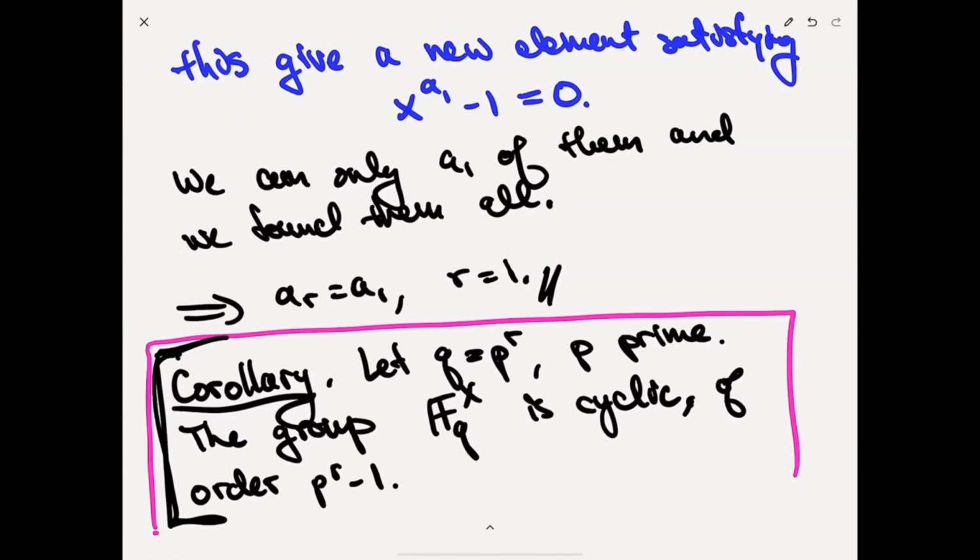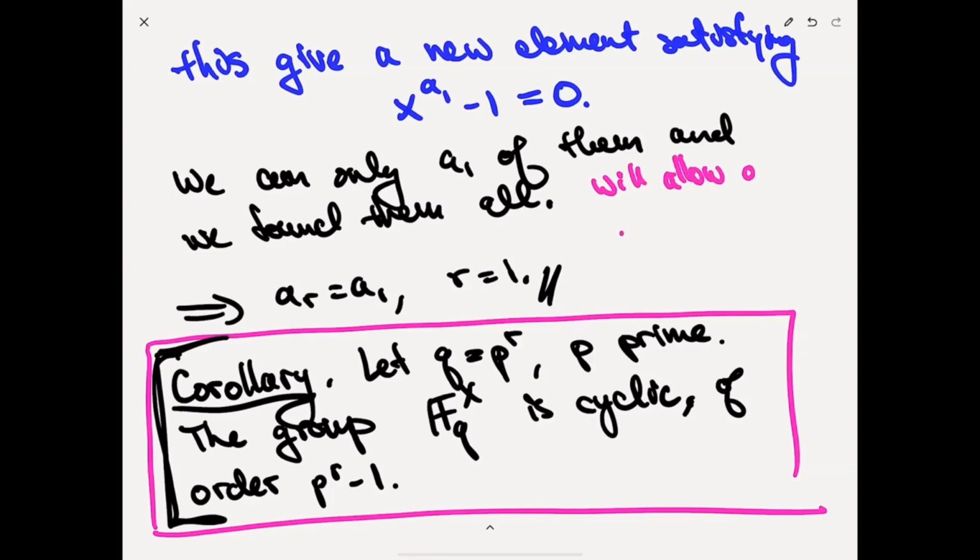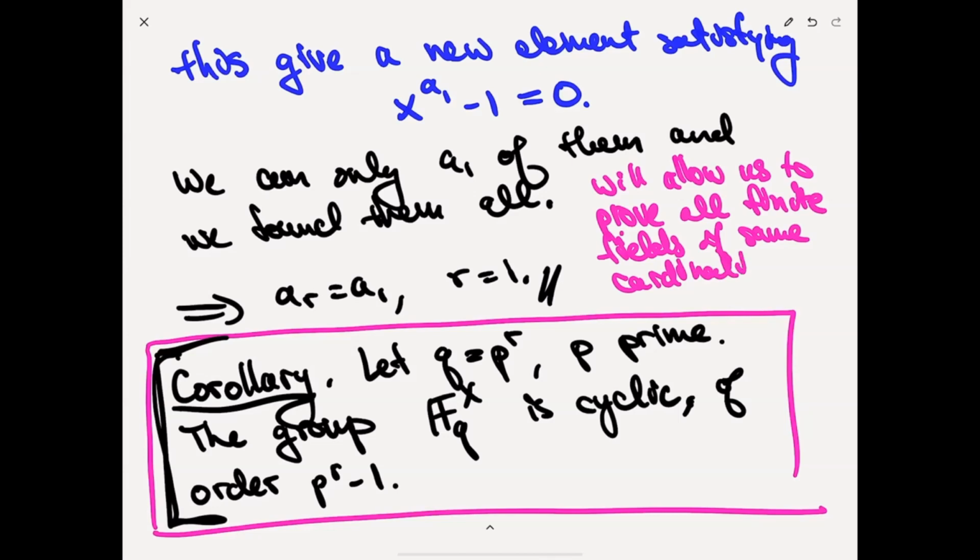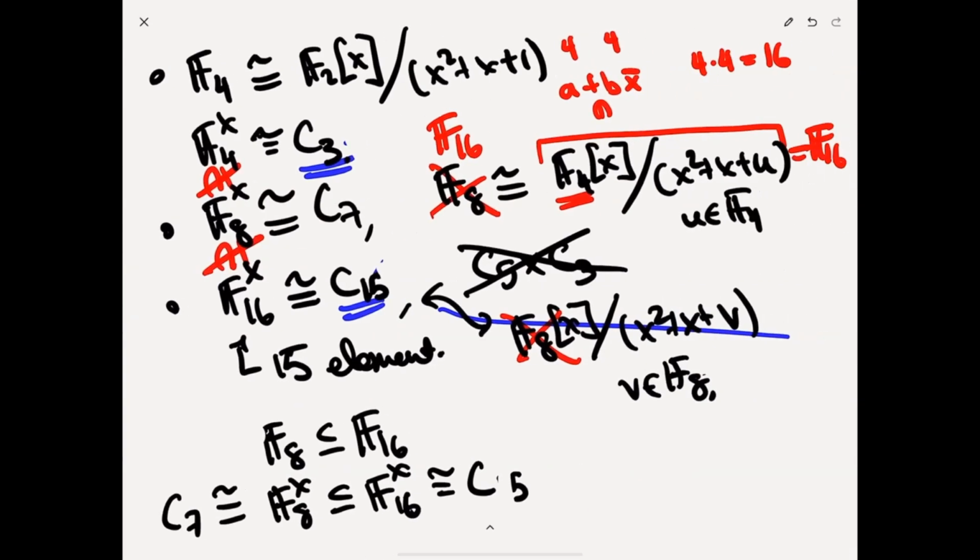One of the next things to do is we're going to use this to prove that all finite fields of the same cardinality are isomorphic. All right, so let me do that.